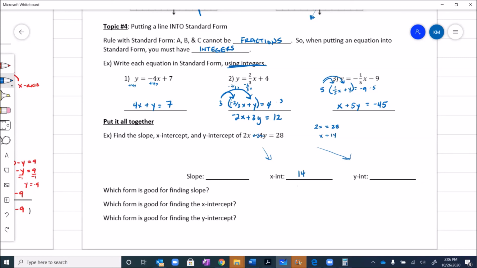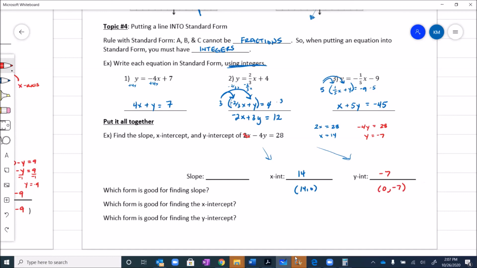My x-intercept's at 14, 0. My y-intercept, I'll cover up the x, but not that sign, negative 4y equals 28, divide by negative 4, y equals negative 7. So my y-intercept is at negative 7, or coordinate would be 0, negative 7.